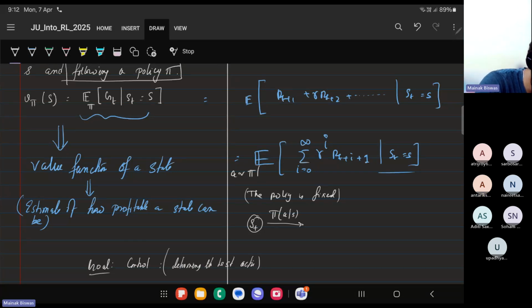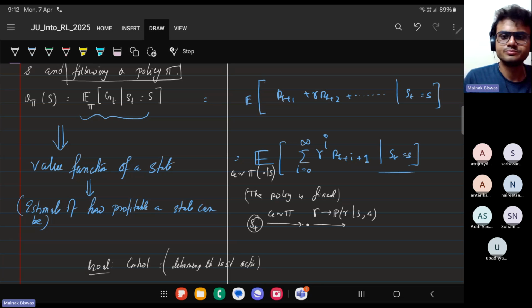So yes, good. Action is chosen based on the policy. So I choose an action A based on the policy. Then I get a reward based on the probability map R from S comma A. Yes or no? Right? Yes.